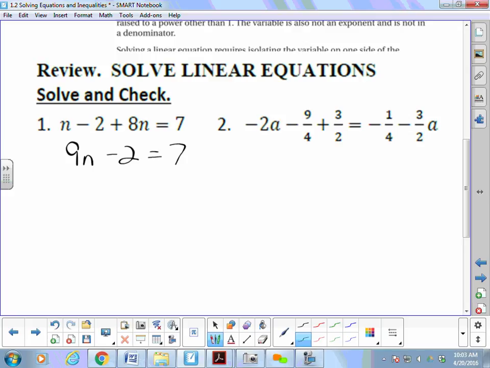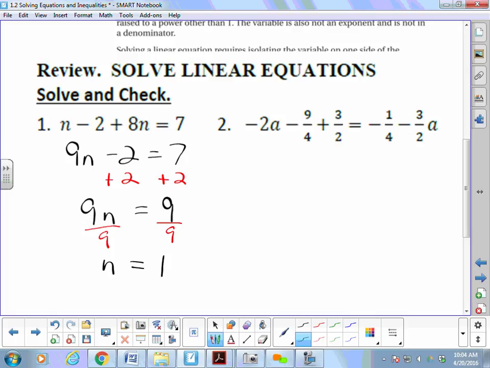All right, so what do I do now? Add 2 to both sides, and divide by 9. So n equals 1.